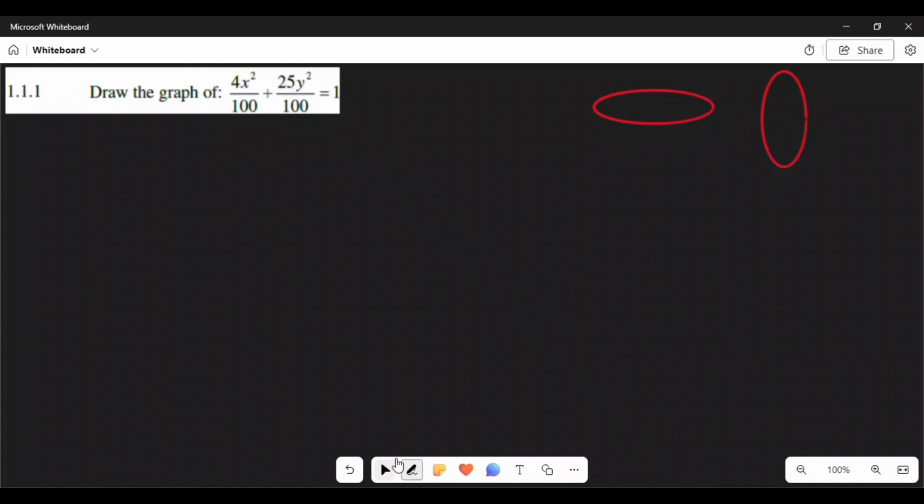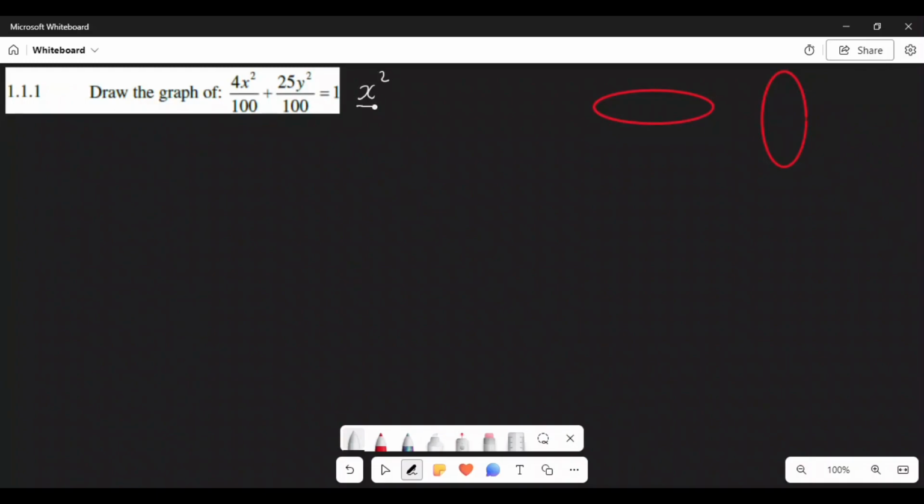There is a general formula for this type of graph. Let me first write the general formula so that I can explain it from there. We have x squared over a squared, plus y squared over b squared, and this is equal to 1.